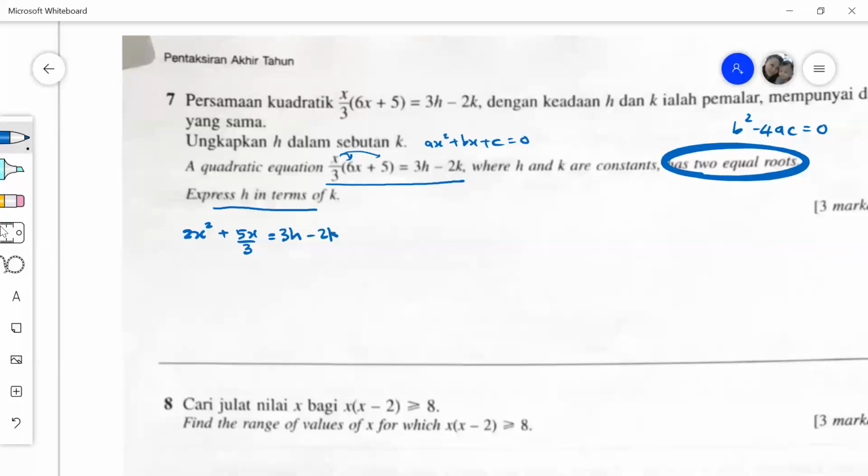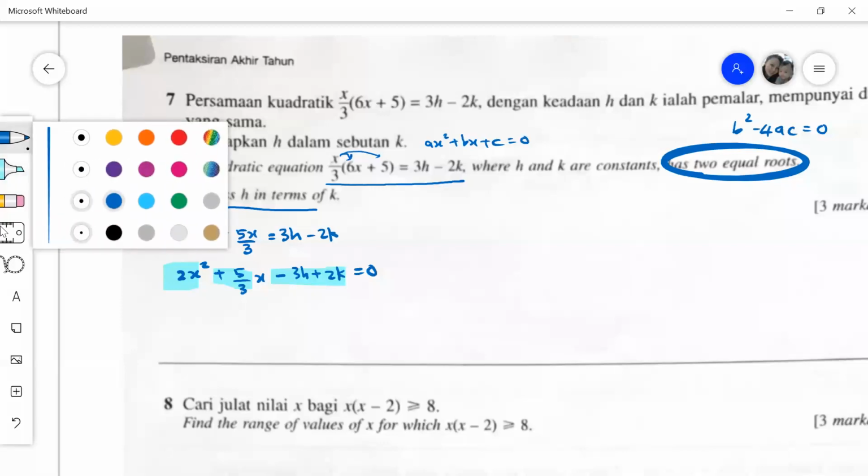And then we write in ax squared plus bx plus c form. 2x squared plus 5 over 3 x minus 3h plus 2k equals 0. So identify our a, b, and c. This is the c. Okay, so let's put into b squared minus 4ac equals 0.